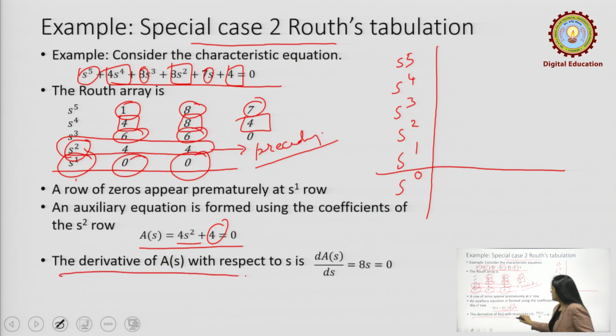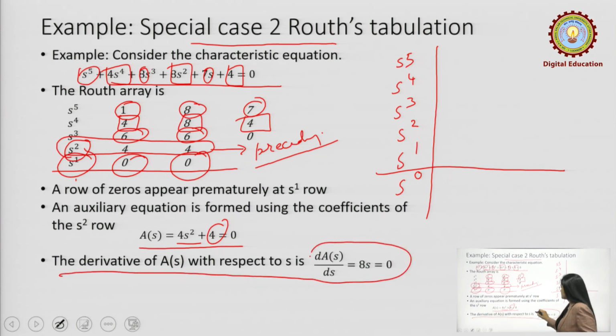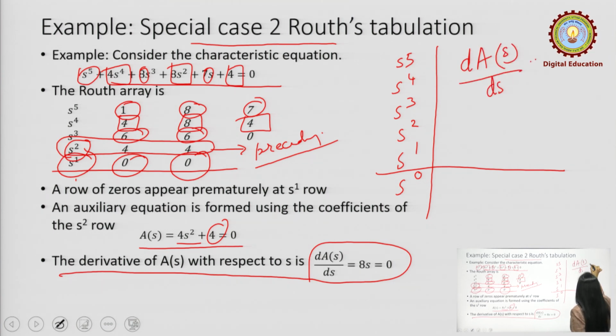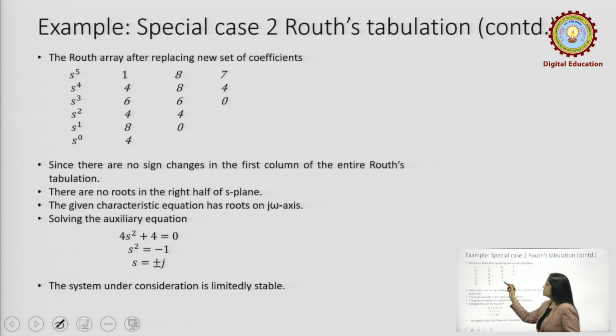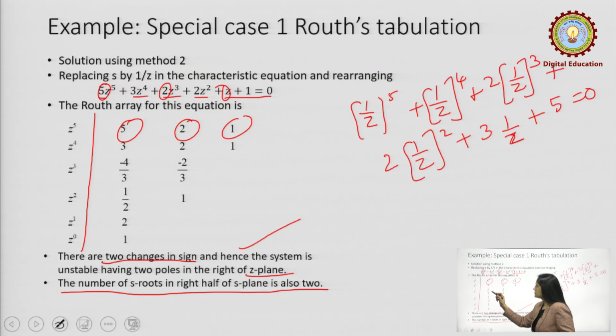Then we take the derivative of this value. The derivative of A(s) with respect to s is 8s plus 0. Next step is to continue with the Routh tabulation.